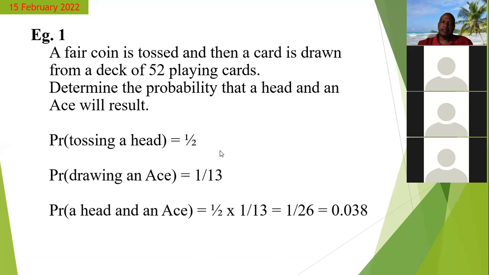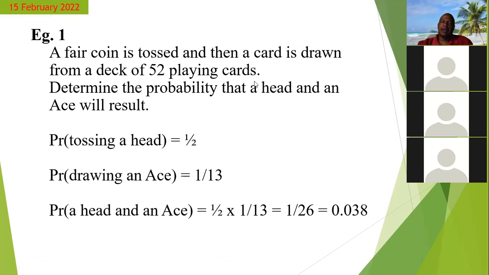Anybody? Will tossing a coin affect what we draw from a deck of cards? No, sir. No, so these two events don't have anything to do with each other. One won't affect the other. So if one won't affect the other, then the event will be independent.